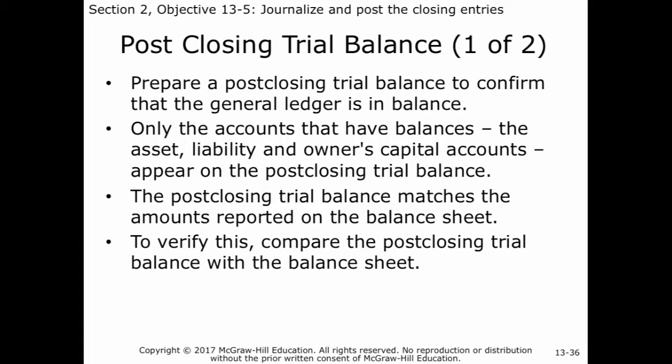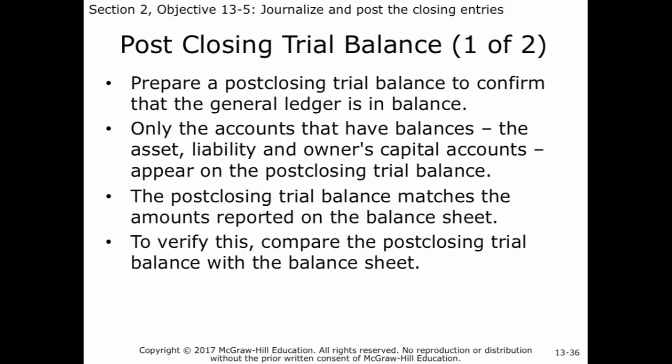So now what we need to do is prepare a post-closing trial balance to confirm the general ledger is in balance. So the only accounts that have balances are the asset, liability, and owner's capital accounts, and those appear on the post-closing trial balance.